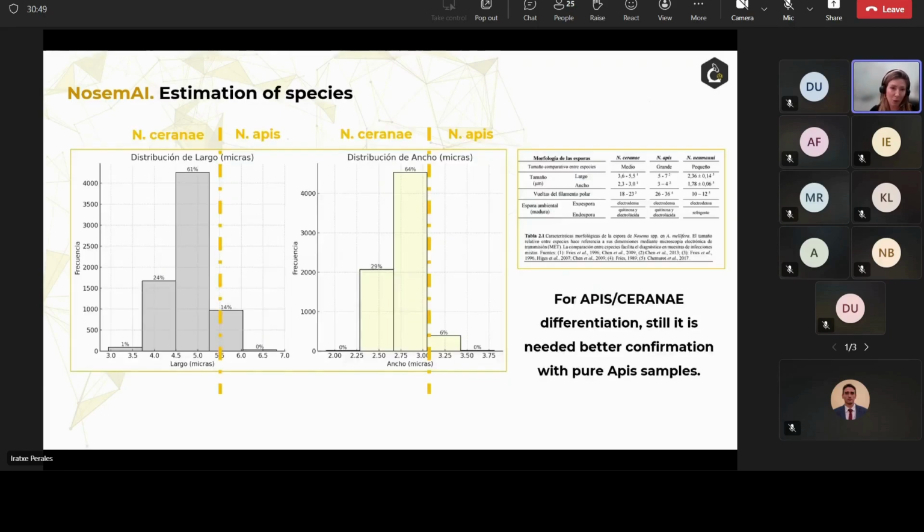One problem that we had is that it was not possible for us to use pure apis samples, and that's why we could not clearly analyze a sample with only apis. If any of you know how we can test with pure apis samples, it would be extremely useful.